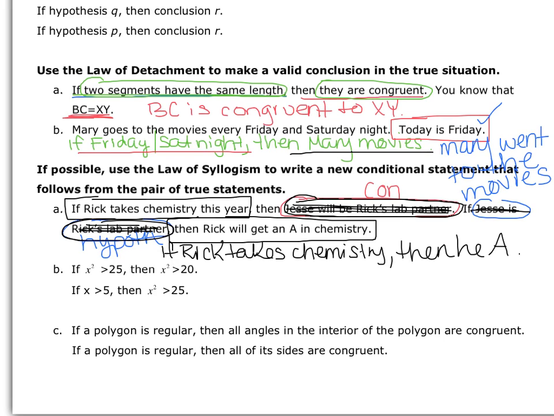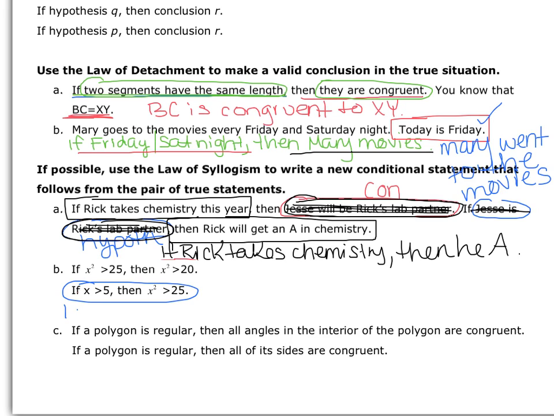If x squared is greater than 25, then x squared is greater than 20. The next statement is, if x is greater than 5, then x squared is greater than 25. At first this one looks a little tricky, because you want the conclusion to repeat as the hypothesis. However, you can switch the order of the sentences. If x is greater than 5, then x squared is greater than 25.